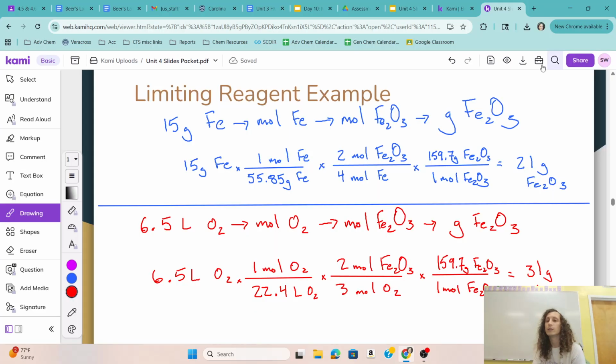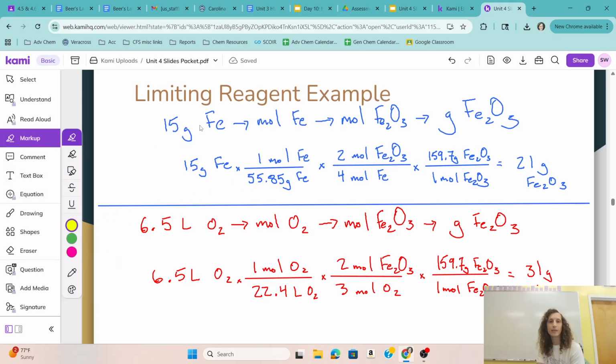One of them will only give me 21 grams. So which of these is the limiting reactant? Well, it's the one that gives me less product, right? Like the bread and the cheese example, the cheese would have given me more sandwiches, but the bread ran out first. So the 6 sandwiches is how much I could actually make, right? The lower value is how much we can actually make.